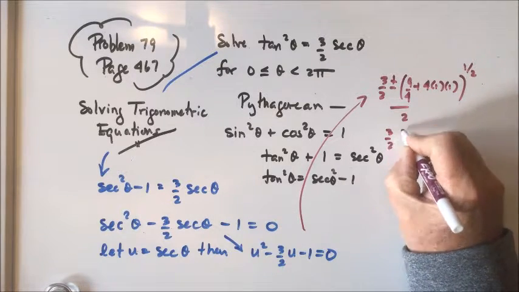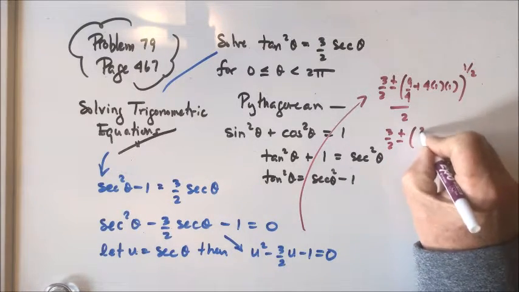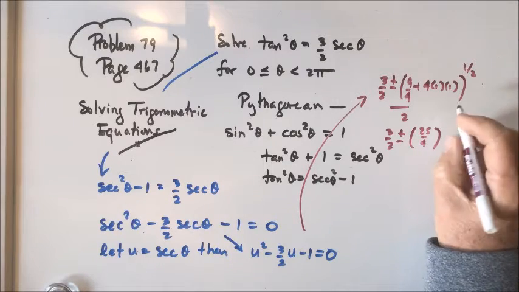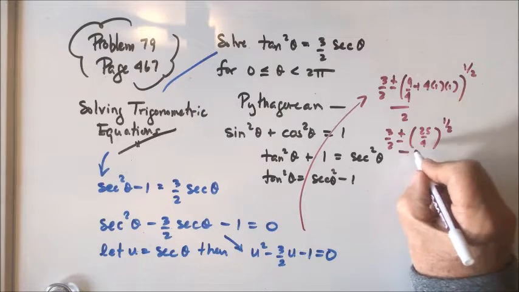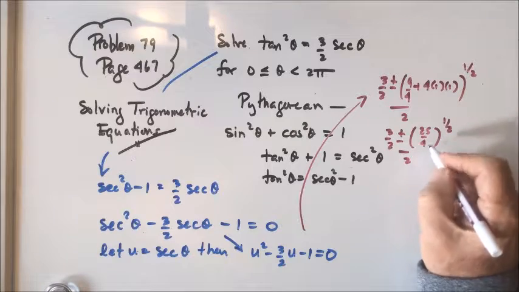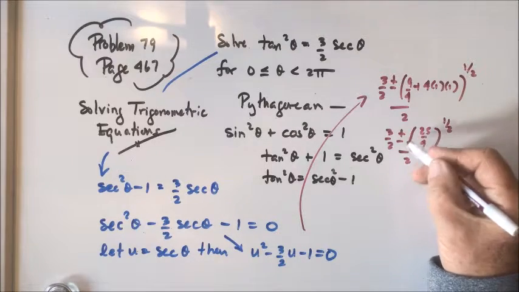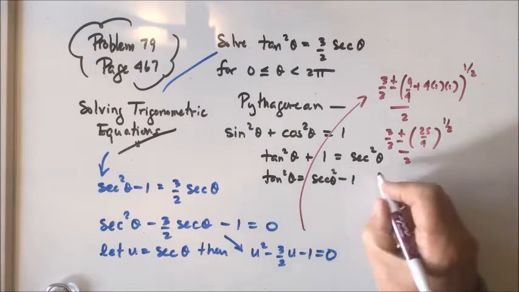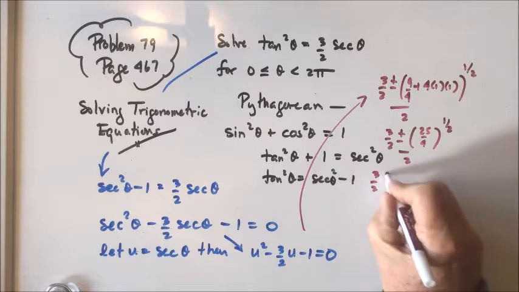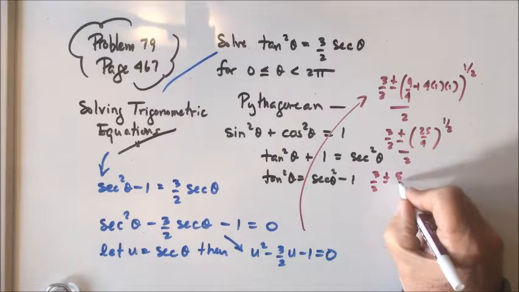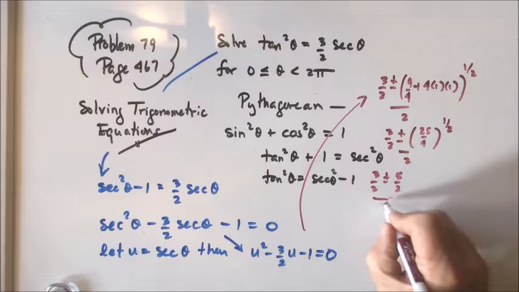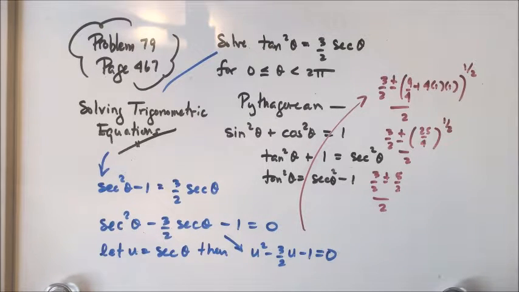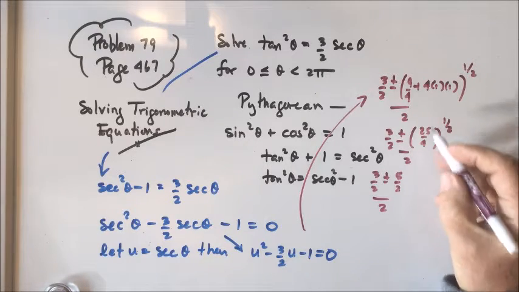I'm going to just carry this down now. 25/4, to the 1/2, divided by 2. 25/4, when you take the square root, is going to return plus or minus 5/2. So I've got 3/2 plus or minus 5/2 all over 2. These 2's don't cancel, do they?